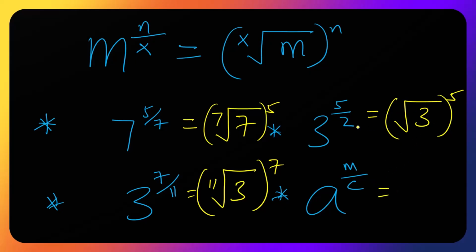If it is 2, we don't put it here. So we have 1 over c, that will be c root of a, or raised to m. That's that.